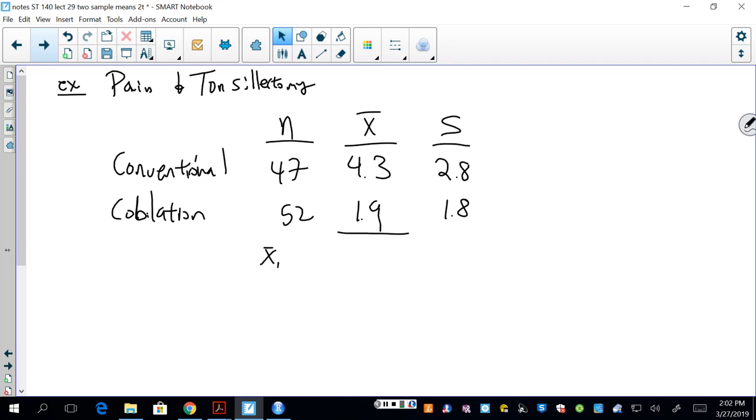X bar 1 minus X bar 2, in this case 4.3 minus 1.9, is 2.4. If that's on a 10-point scale, that seems like a pretty important reduction. Like that article on the plants, they reported how many analgesics, how many painkillers people took.